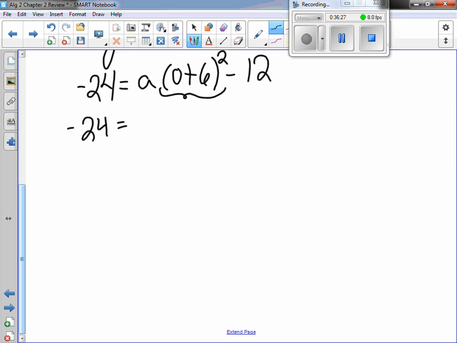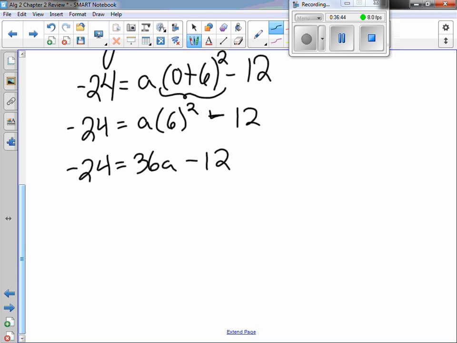Now, if you want to type in the calculator parentheses 0 plus 6, close parentheses squared, you can do that. And it'll give you your answer. Or if we do it in individual steps, well, 0 plus 6 is just 6. And 6 squared gives me 36.